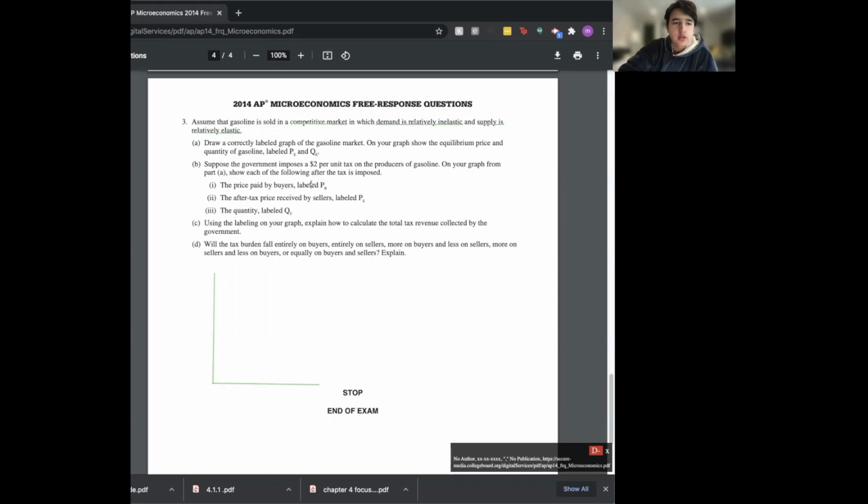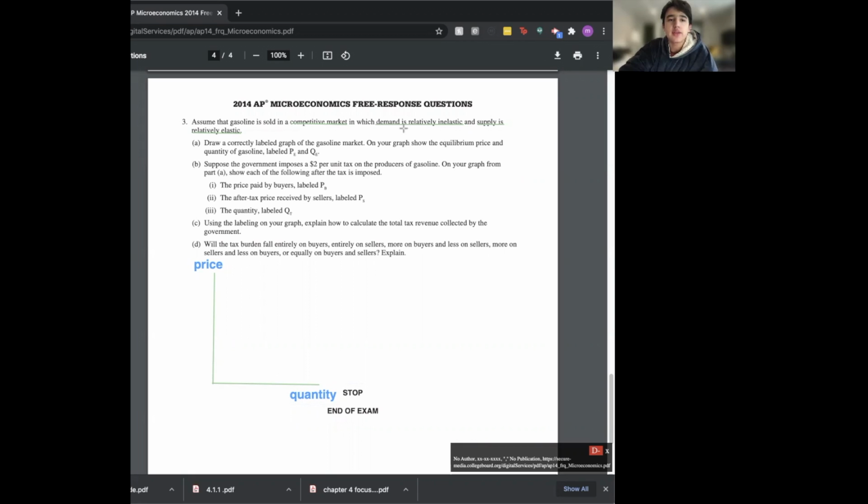So as we know, this is the price and this is the quantity in a supply and demand chart. So now let's get on to graphing the actual curves. It says that demand is relatively inelastic.